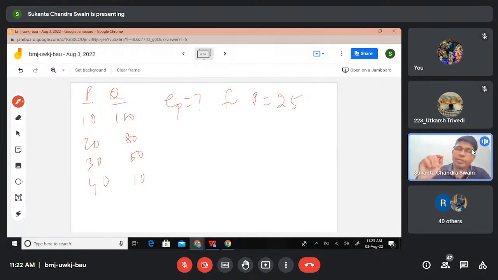For the percentage method, we need only 2 sets of data. If it was for the percentage method, then data would have been given like this only, 2 sets of data. P, P1, Q, Q1 we could have taken. But there are 4 sets of data. What to do?